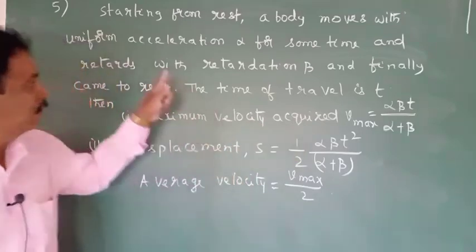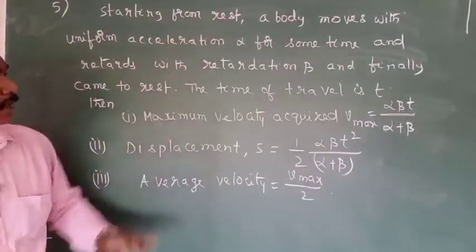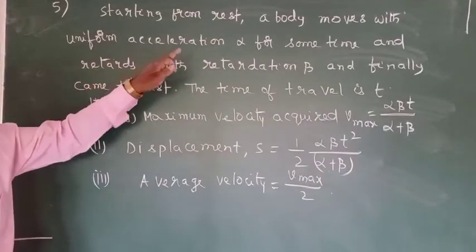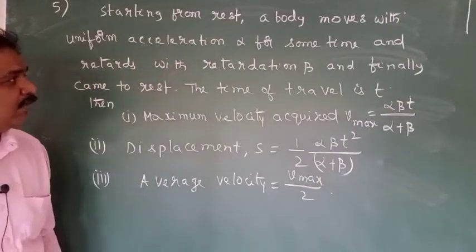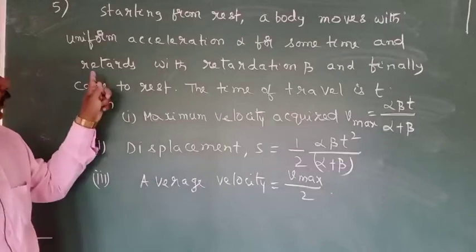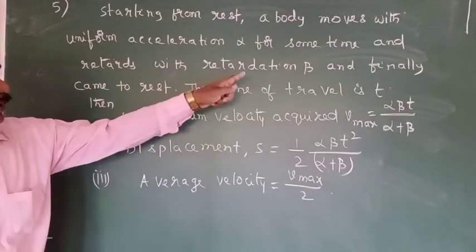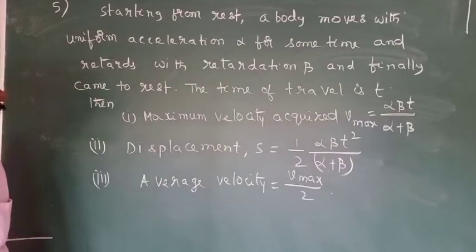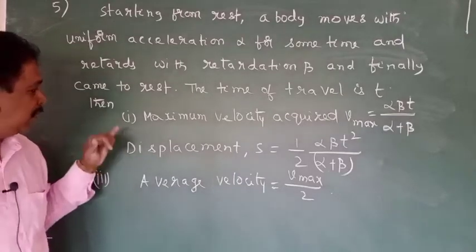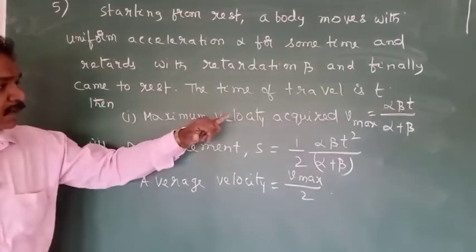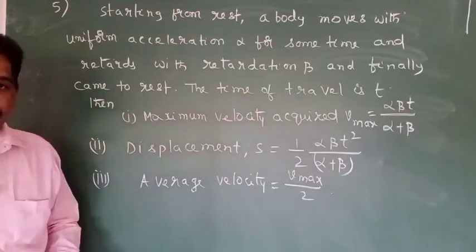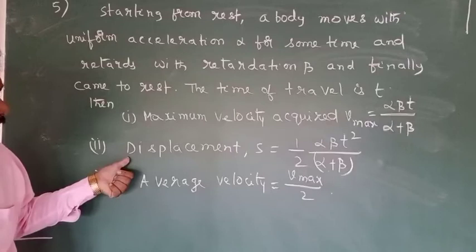Okay, right. Starting from rest, a body moves with uniform acceleration alpha for some time and retards with retardation beta and finally came to rest. The time of travel is t. The maximum velocity acquired is alpha beta t by alpha plus beta.